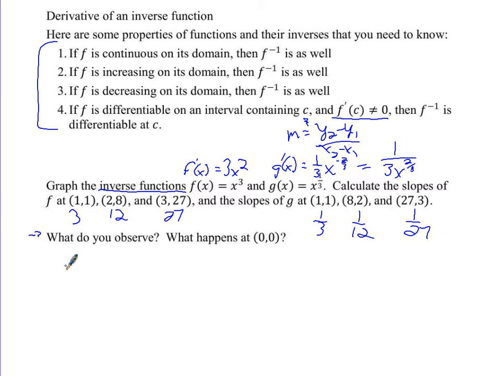The slopes of inverse functions are reciprocals of each other at corresponding x values. This is a concept that is critical that you understand for inverse functions. So I'll probably write that down for what do you observe. Make sure you know that the slopes of inverse functions are reciprocals of each other at corresponding x values.